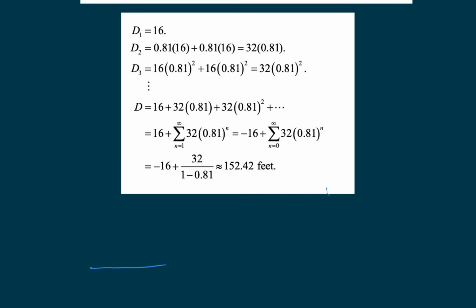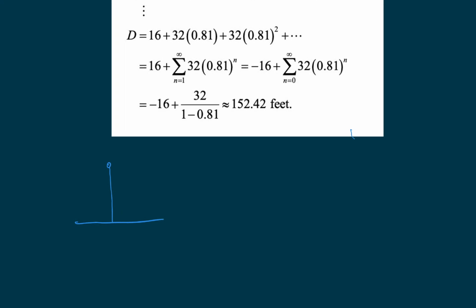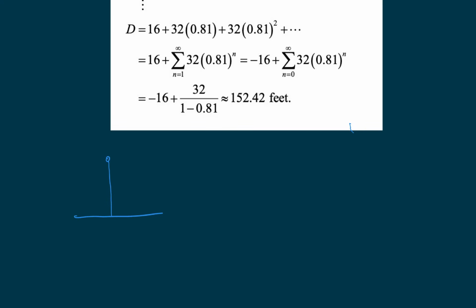I think this is the ball. The ball goes down, goes up, goes down, goes up, and later on goes down.